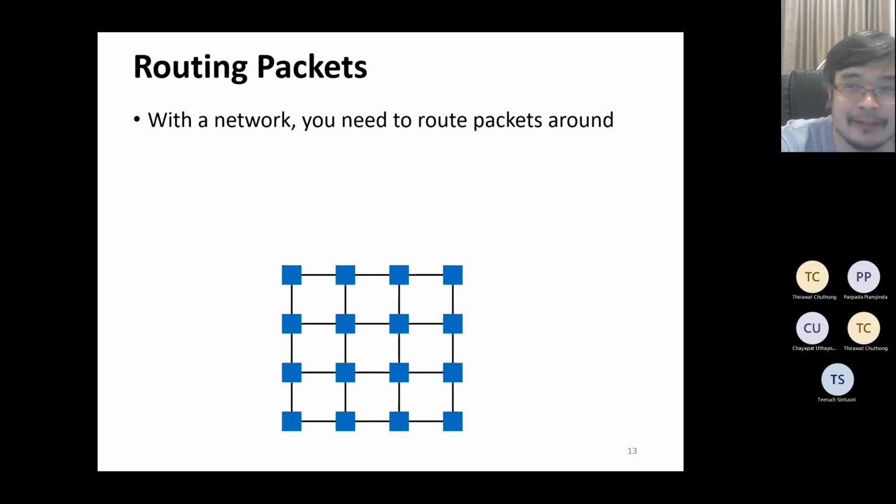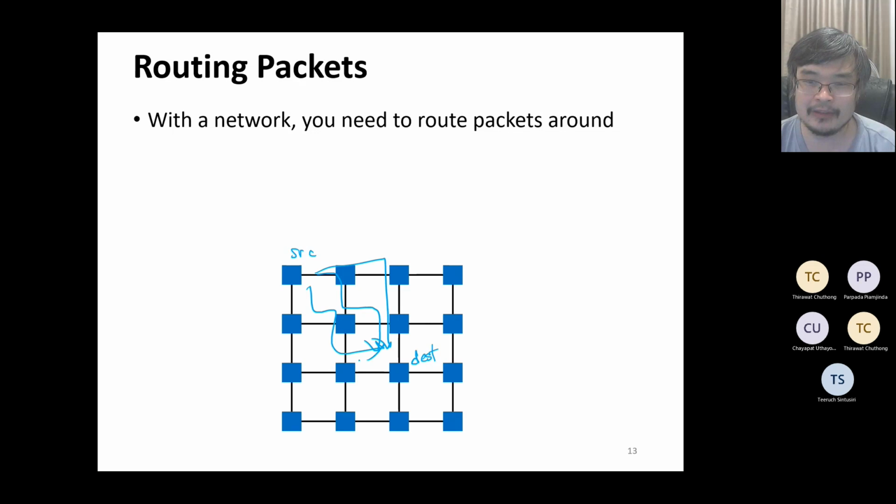Because with a network, you need a routing policy to move packet from source to destination, right? Because if I'm here at the source, and this is the destination, right? There are many paths I can take. I can go from here to here. I can go from here to here. I can go from here to here. I can even go this way, right? There are many ways you can go.